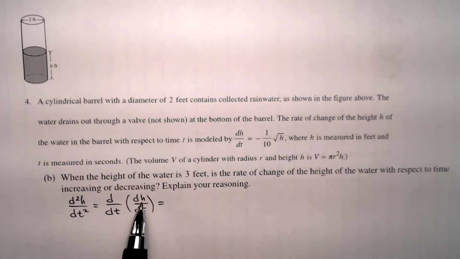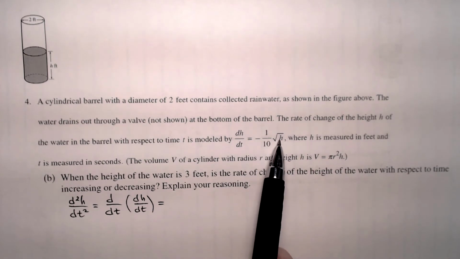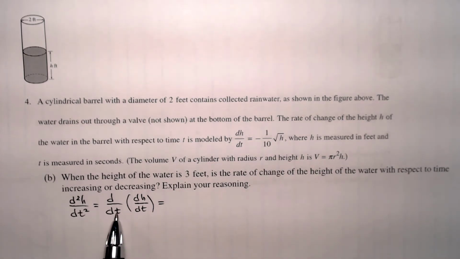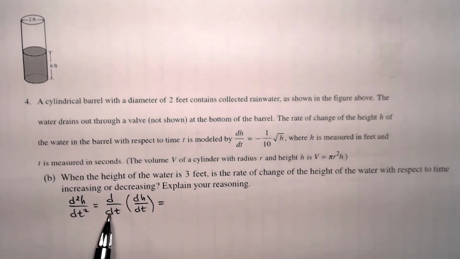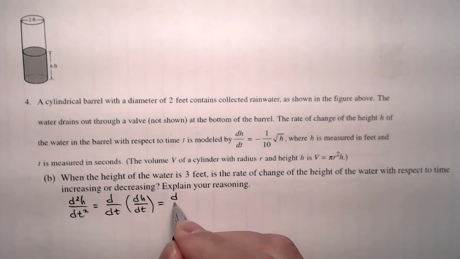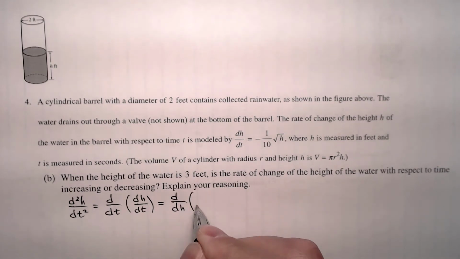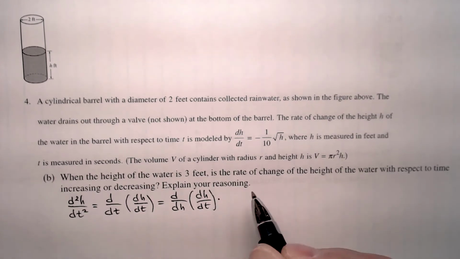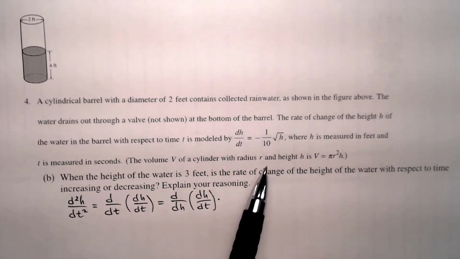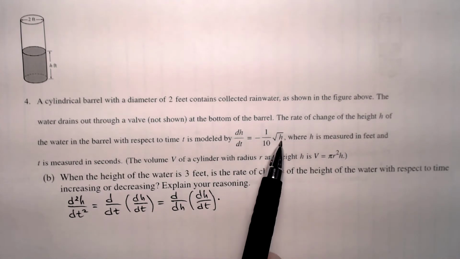But notice here that dh over dt is a function of h, so it's not a function of t. So we need to use the chain rule here. We first differentiate this expression with respect to h, d over dh of dh over dt, and then we multiply times dh over dt, the variable here.